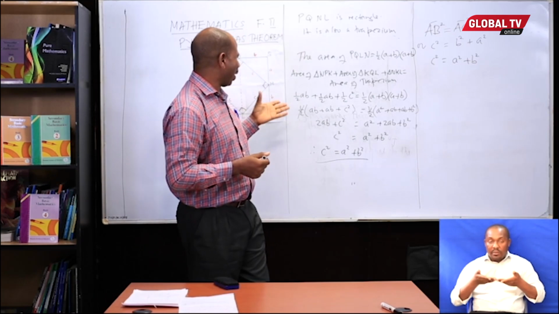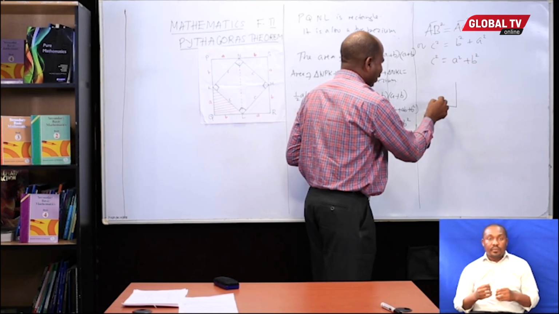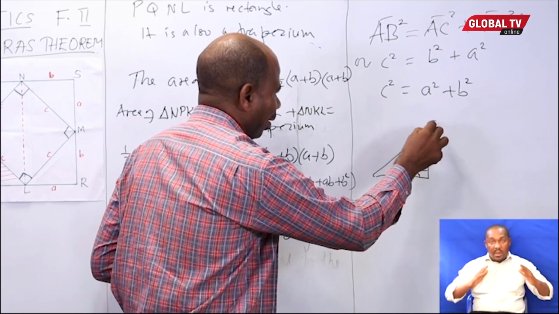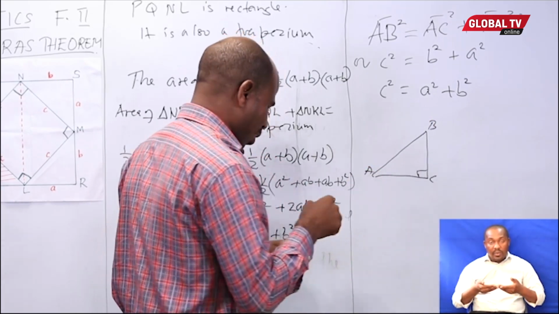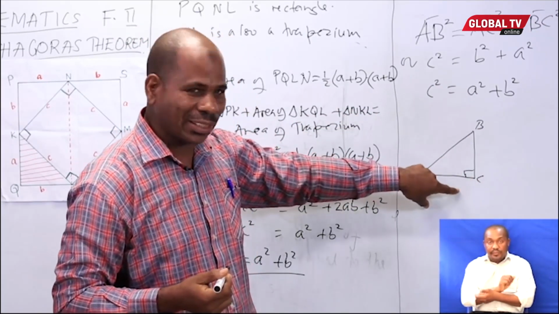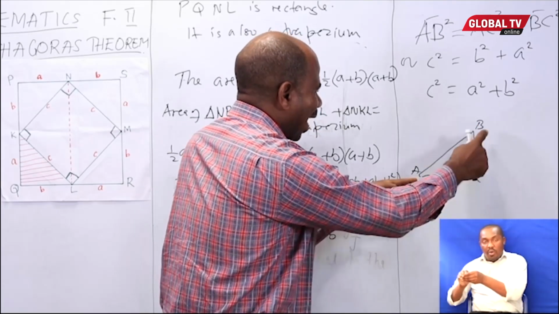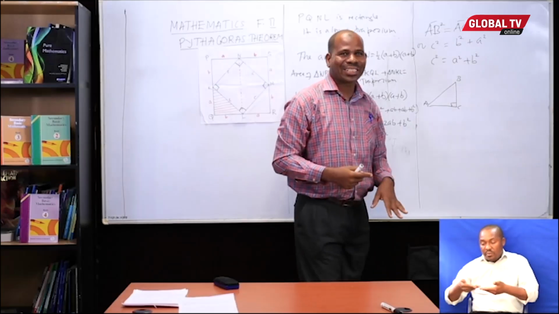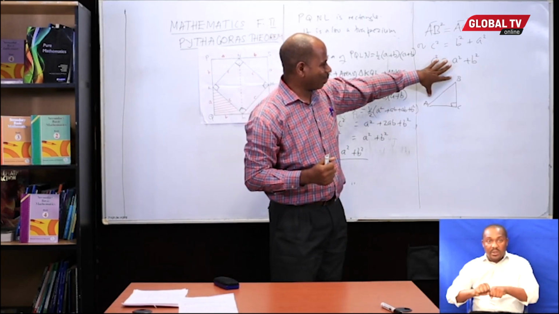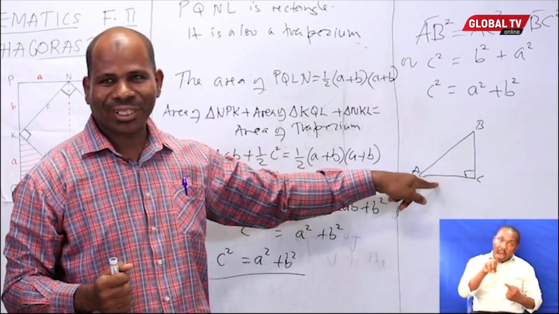And the secret behind the Pythagoras theorem is that, suppose we have this right angle triangle ABC. The square on the hypotenuse is equal to the sum of the squares of the other two sides.